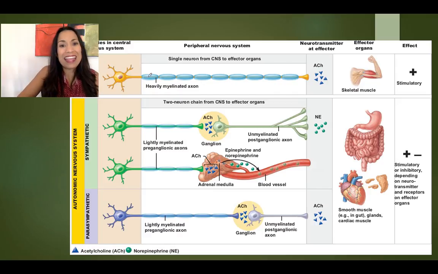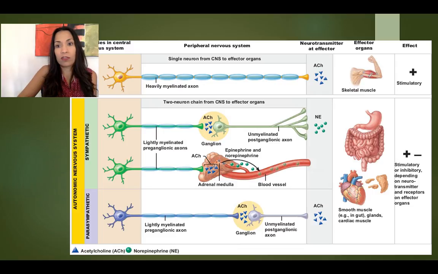So remember, in the somatic nervous system, we have only one motor neuron located in the central nervous system, heavily myelinated axons that release acetylcholine in the synapse between this axon and the effector, which is the skeletal muscle always.